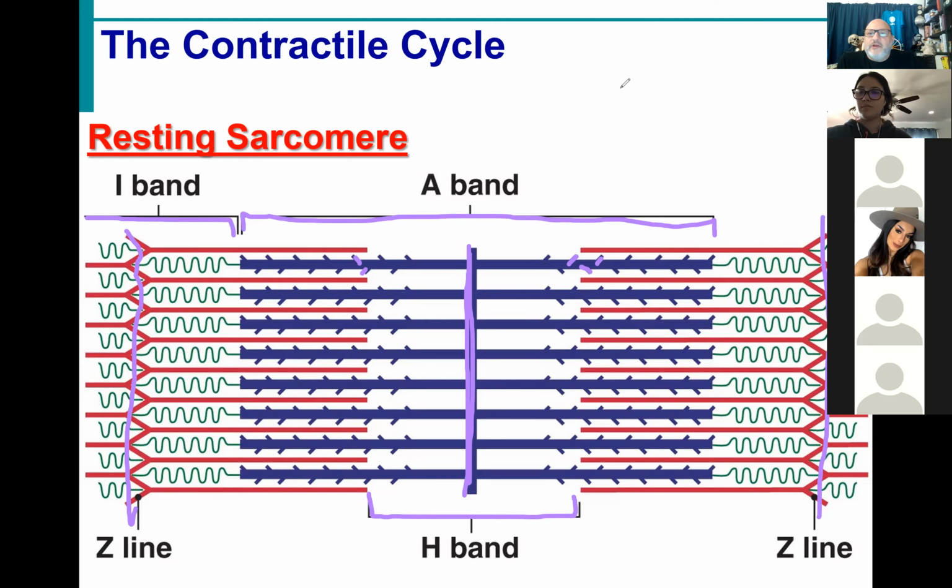Now, what we are going to do, and what your textbook has done a nice job of doing, is I am going to just grab this piece right here and blow it up big so that we can look at it. Your textbook basically does the same thing, although your textbook grabs both pieces.